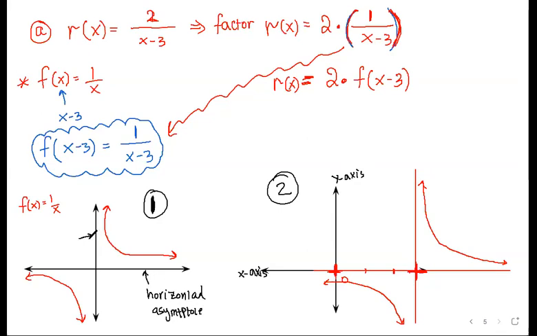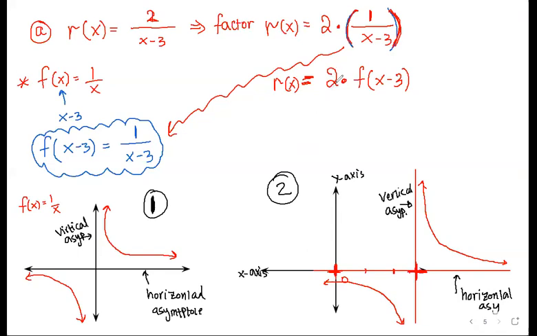And this is the vertical one. So my vertical asymptote becomes this line. And this is my horizontal asymptote. This has become my horizontal and this is my vertical asymptote.